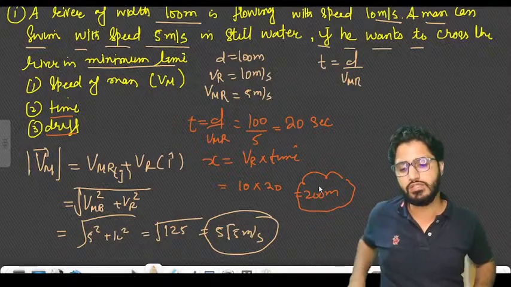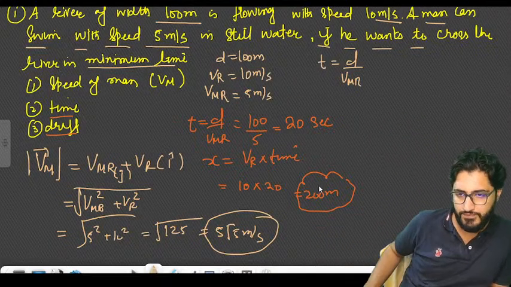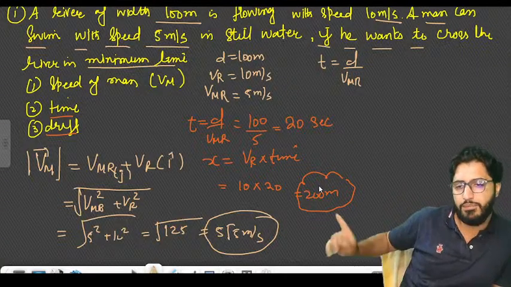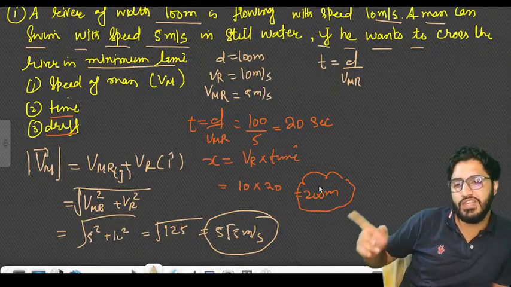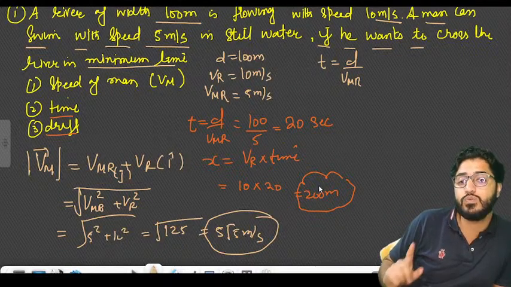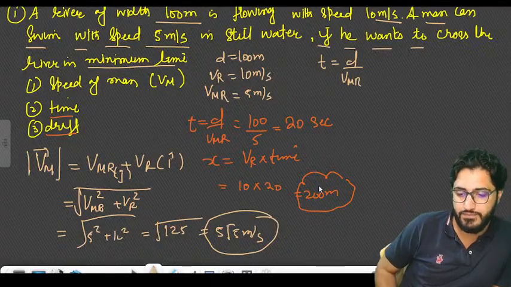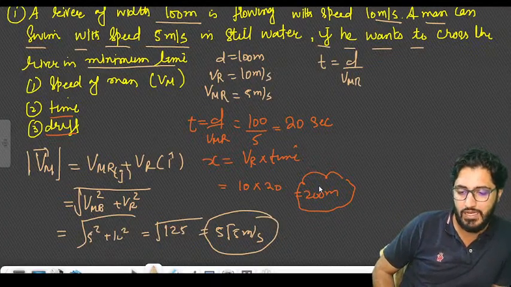So drift here is 200 meter. Done. In the previous case, VM was VMR cos theta, but in this case it is VM j cap plus VR i cap. Done, beta?